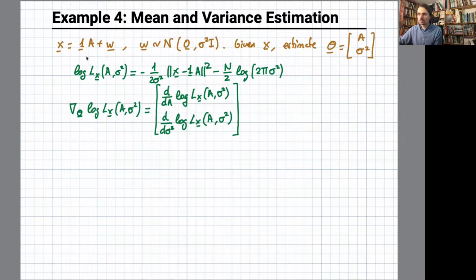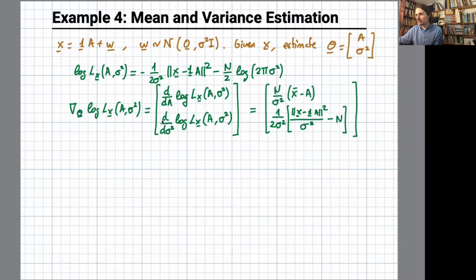To maximize the log likelihood function, we need to set the gradient equal to 0, right? And remember that the gradient just contains the partial derivatives with respect to all the variables, okay? So this is not something that we need to compute now because we have already done it in the previous examples, right?